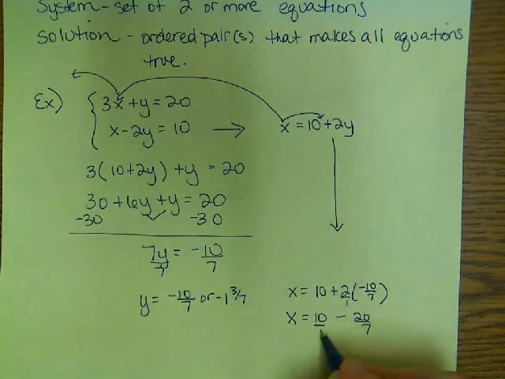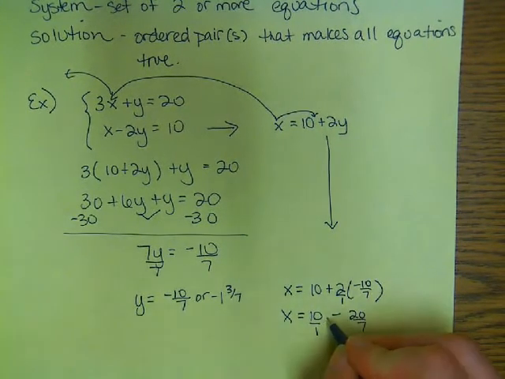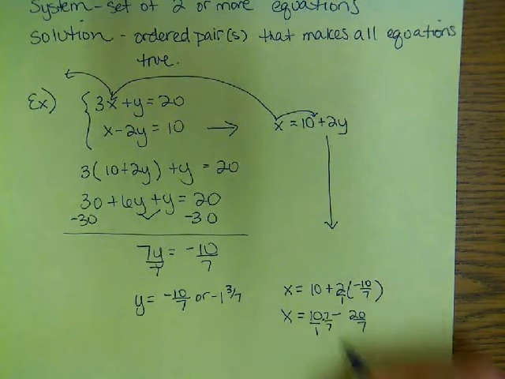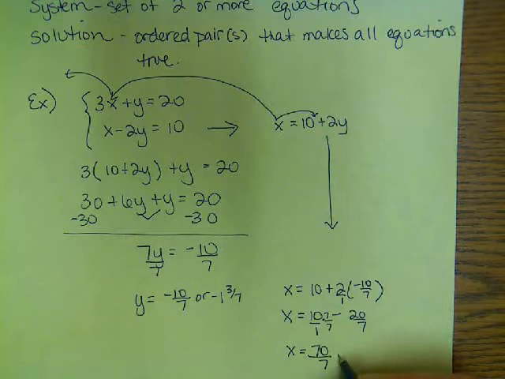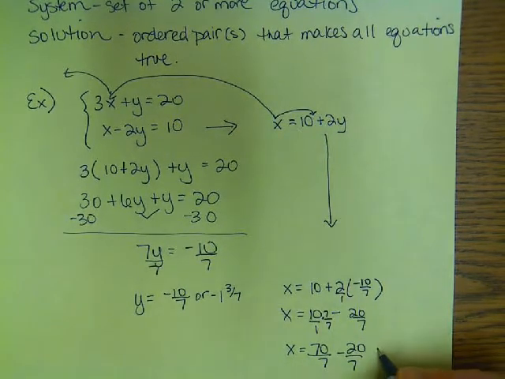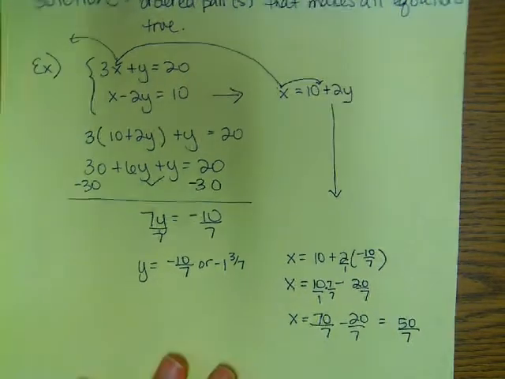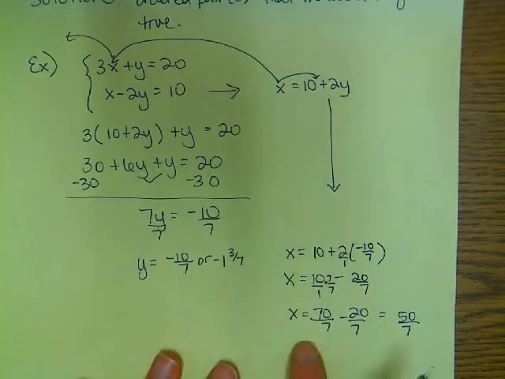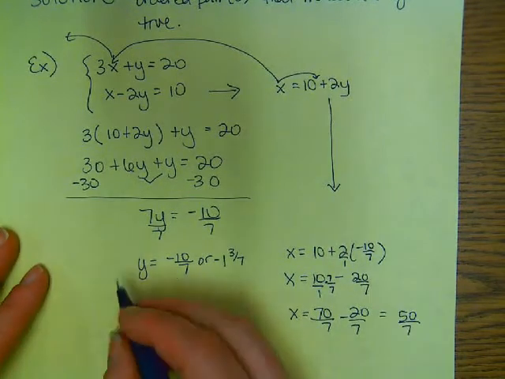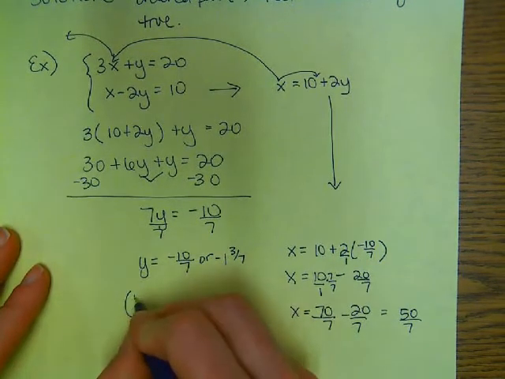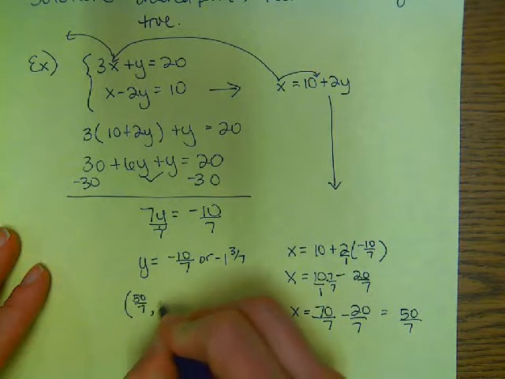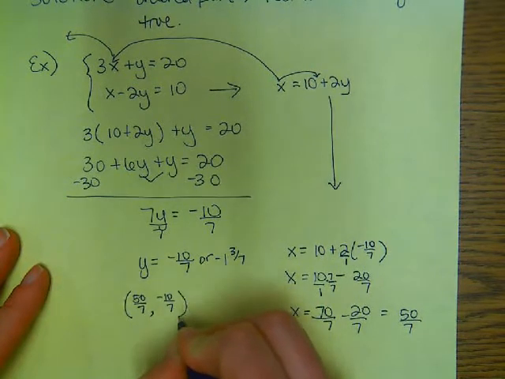If I put 10 over 1 and make a common denominator, this would give me 70 minus 20 over 7, which is 50 over 7. So I can write my solution as an ordered pair, 50 over 7, negative 10 over 7. So this would be the solution algebraically to that system.